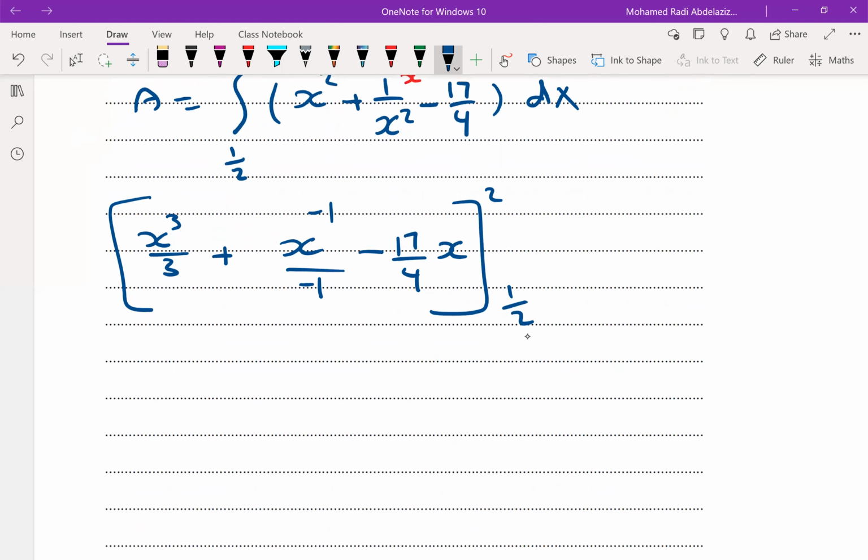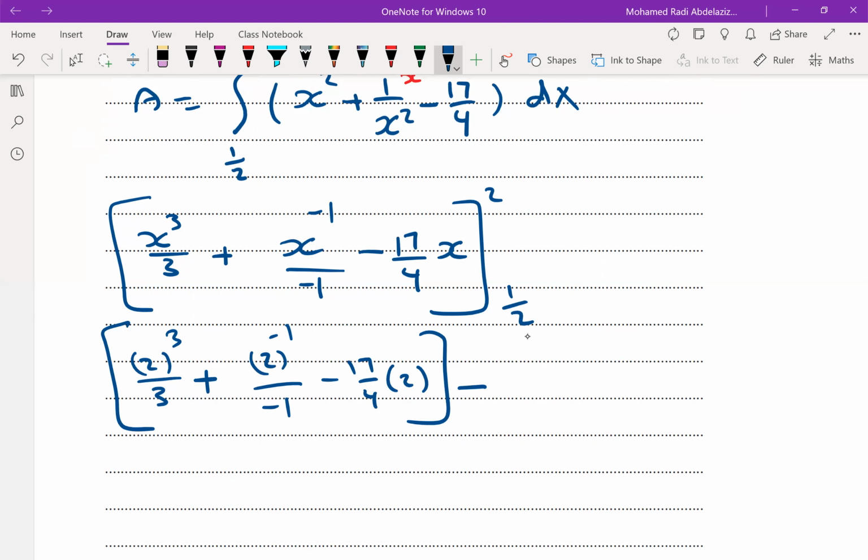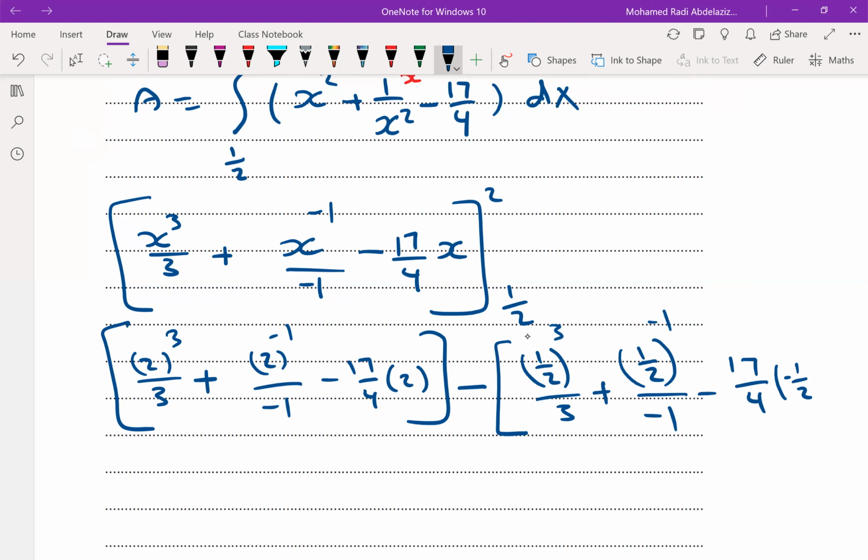Start to substitute by 2: 2 to the power of 3 divided by 3, plus 2 to the power of negative 1 divided by negative 1, minus 17 over 4 multiplied by 2, minus the substitution by half: half to the power of 3 divided by 3, plus half to the power of negative 1 divided by negative 1, minus 17 over 4 multiplied by half.